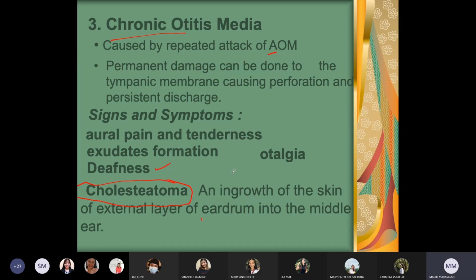Yung ingrowth, another term ay cyst. Ang cyst, meron siyang nakabalot na membrane, tapos nandito yung inyong mga infections, yung mga nana. Na pwedeng lumaki yan. Kakainin niya ng kakainin yung mga surrounding tissue hanggang maabot din yung buto.